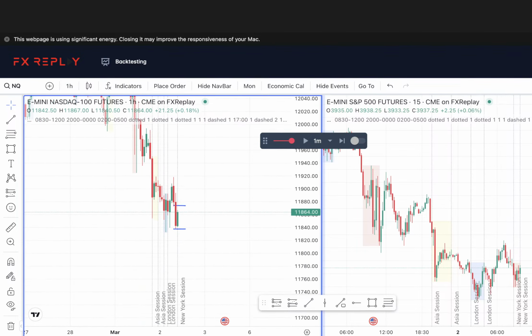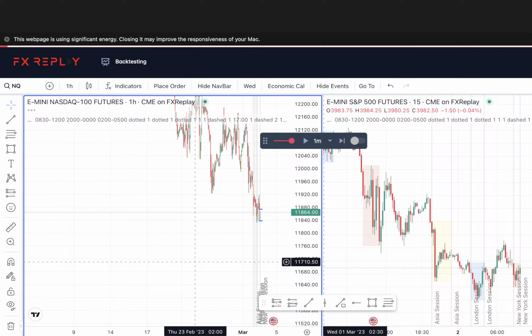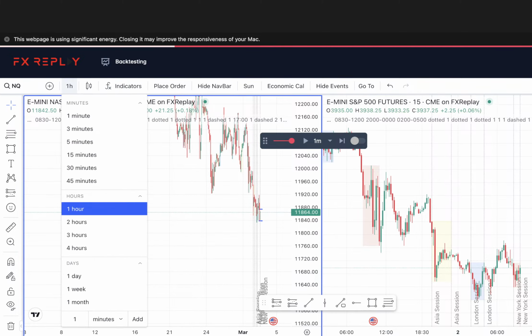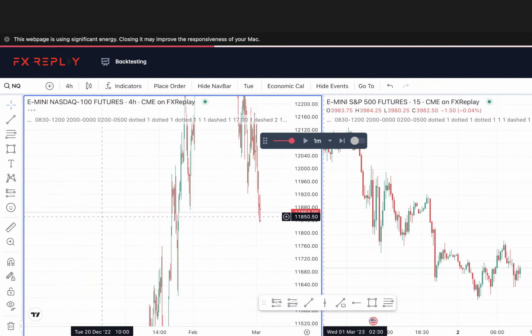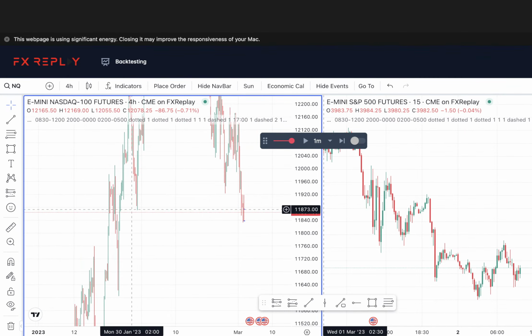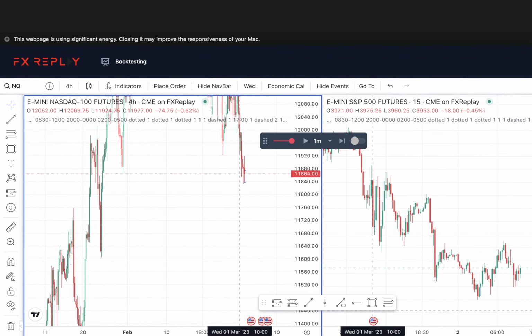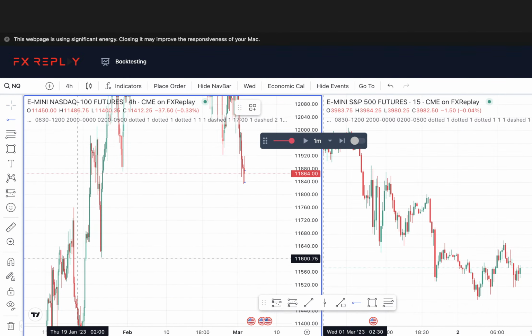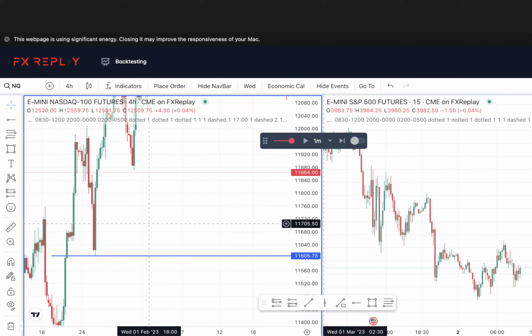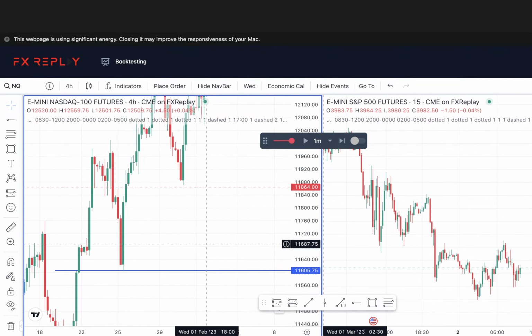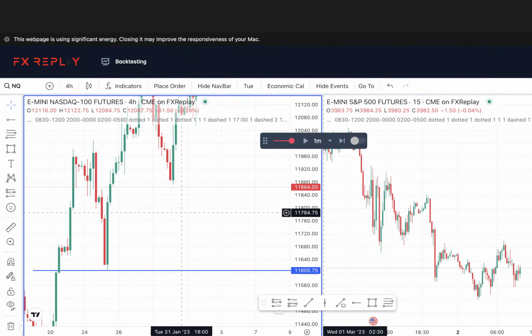Let's see what the 1 hour is showing us. Okay, nothing. Let's see what the 4 hour is showing us. We already swept this, and we're kind of moving past it. The next target is here. Any gap to tap into? There's a few actually.